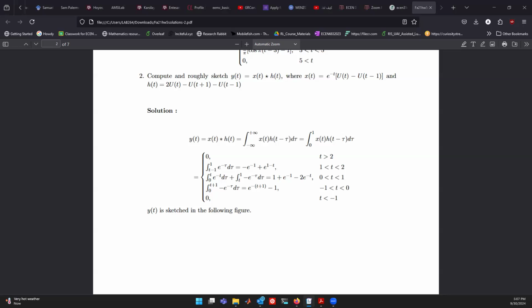So we'll have minus 1 here. And then at this point, plus 2 minus 1 is plus 1. And then in this region after 1, we have plus 2 minus 1 minus 1, so it will cancel. So we'll have minus 1 here, plus 1 here, and then 0. So the impulse response will look like this. Not just this square, but both squares. And if we do time reversal on this one, it will look like this.